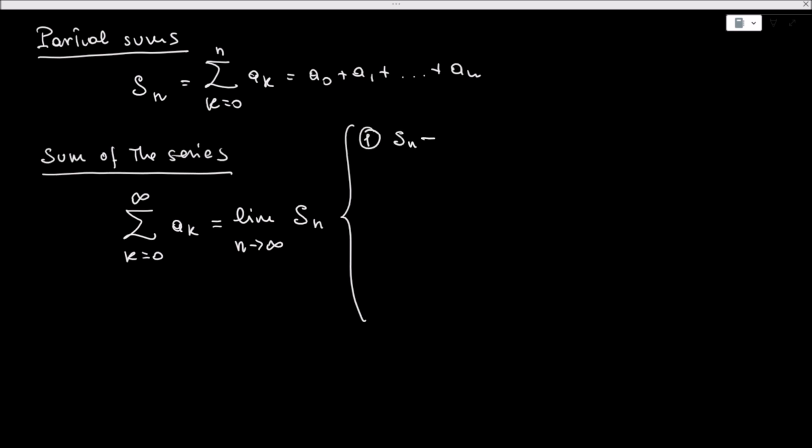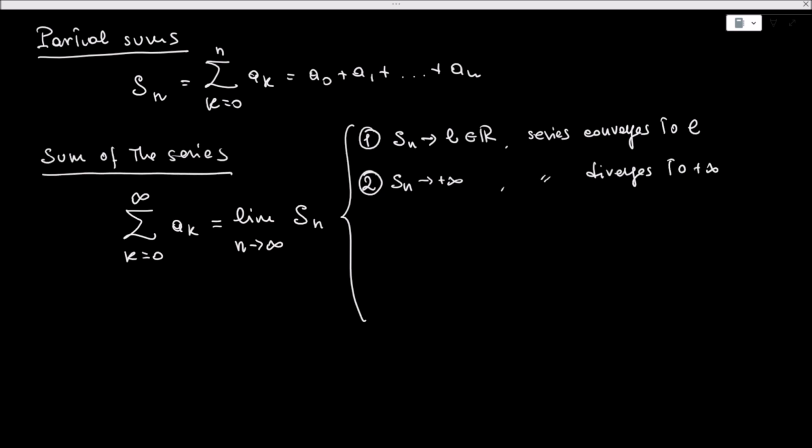Sn tends to a finite real number L, and in this case we say that the series converges to L. Type 2, Sn diverges to plus infinity, and we say that the series diverges to plus infinity.